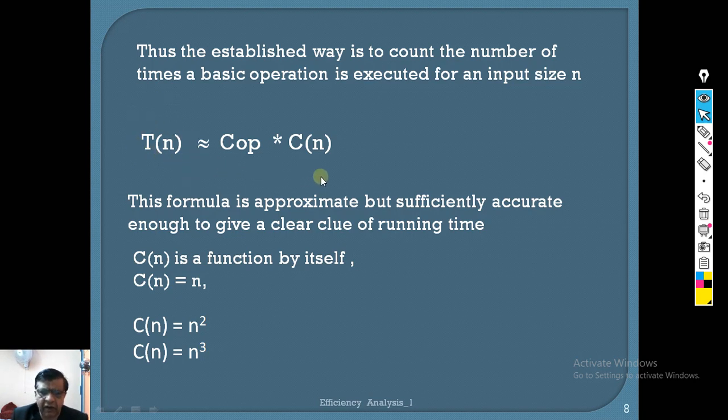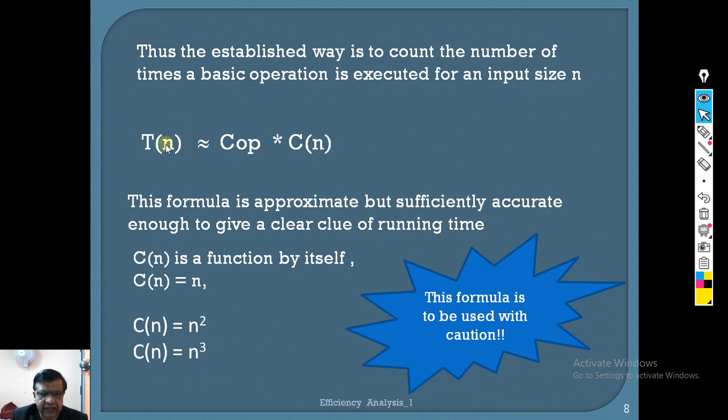Then we will put forth a formula, something like this: time consumed by the algorithm as a function of input size is approximately equal to the unit of time that is consumed in order to run the basic operation one time. I repeat, C_op is the unit of time taken to run a basic operation only one time.